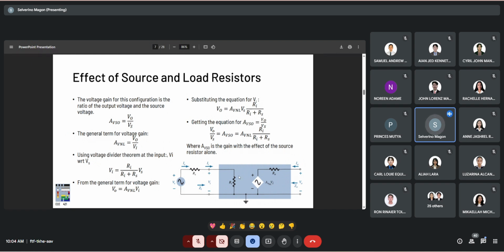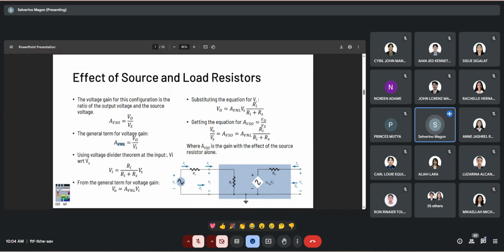The voltage gain for this configuration is the ratio of the output voltage to the source voltage, VO over Vs. In general terms, the no load voltage gain is VO over VI. Using the voltage divider theorem, the effect of Ri and RO can be simplified as the following.